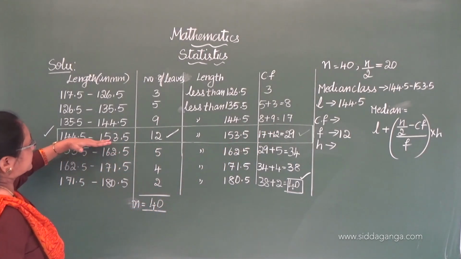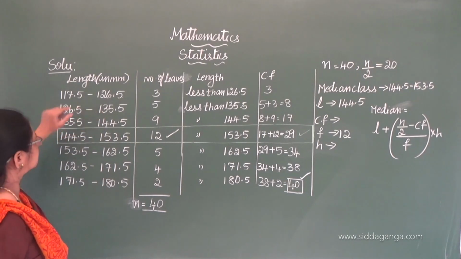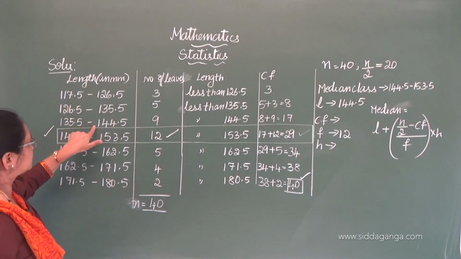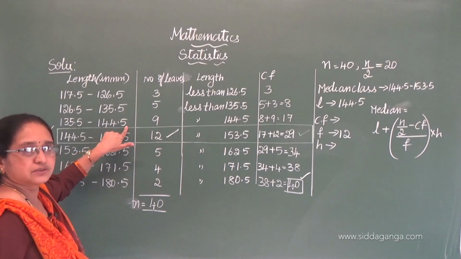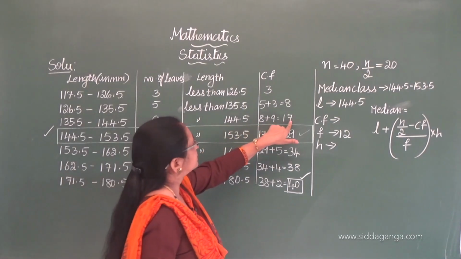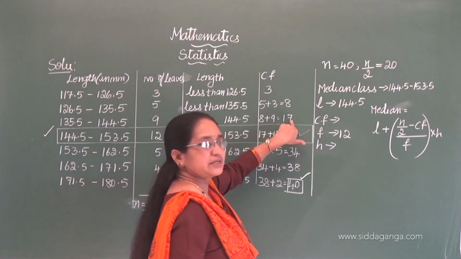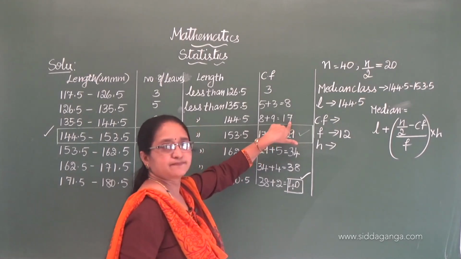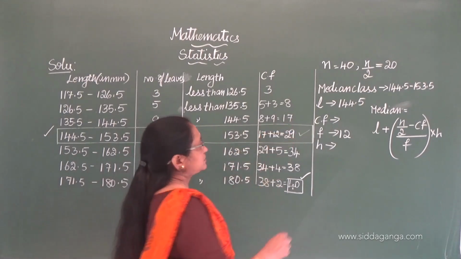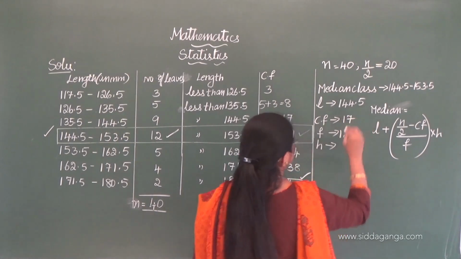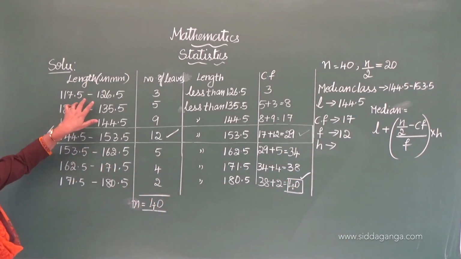The preceding class of the median class is 135.5 to 144.5, so the corresponding cumulative frequency is 17. Now, how much is H? How will you find out? When you subtract this, you will get H.